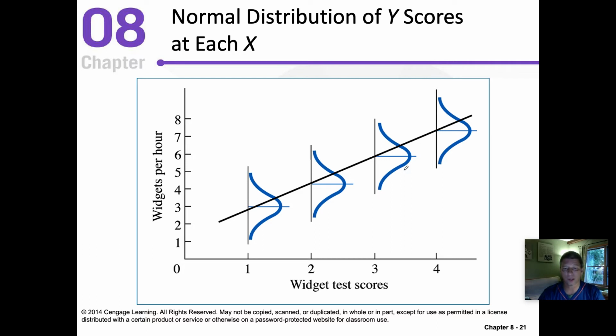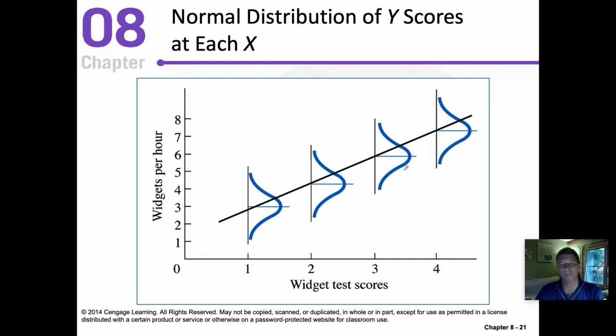For the widget test score of 2, the average widgets per hour is about 4, but there's a few that are lower and a few that are higher. For the widget test score of 3, the average looks like about 6-ish, and for test scores of 4, the widgets per hour is around 7-ish.